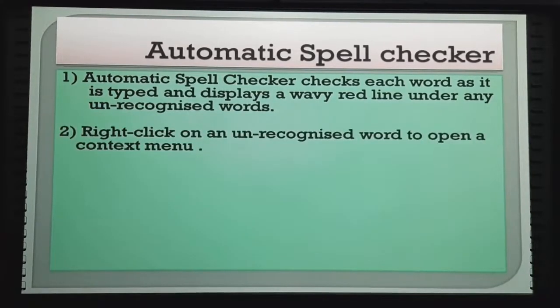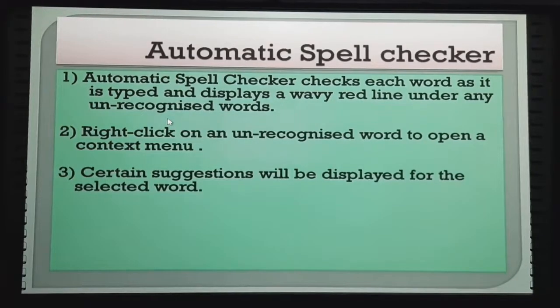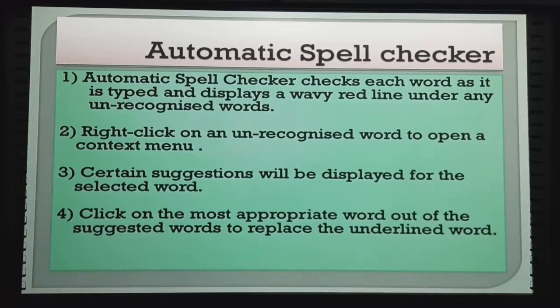Then the next step: simply right clicking on the unrecognized word will open the context menu, which we have already learned in our grammar check option. From the context menu, suggestions will be given for the correct word related to that particular mistake, from the dictionary itself, matching and nearest in meaning to that word.